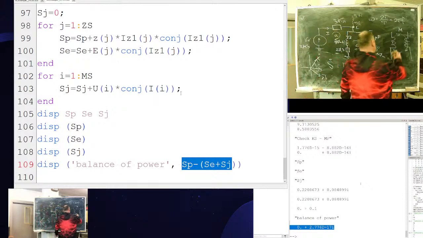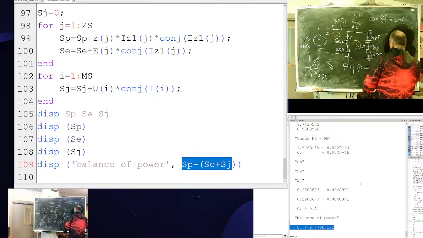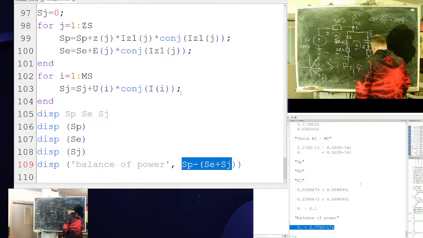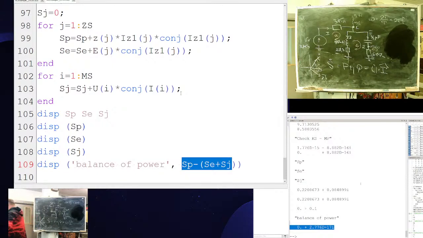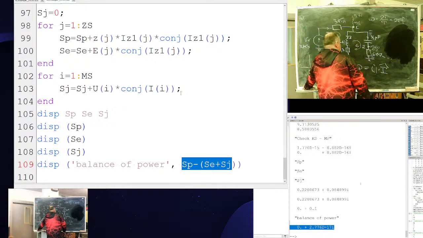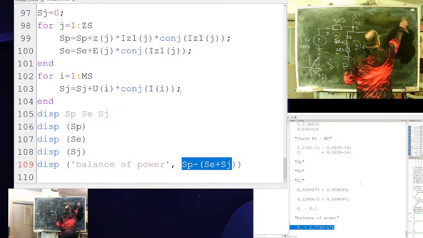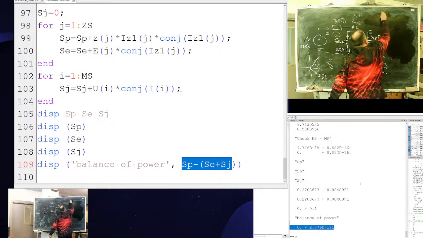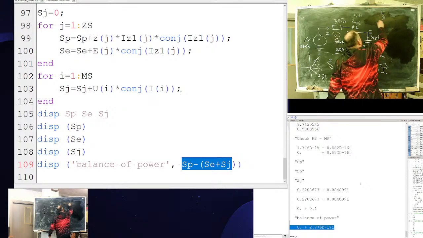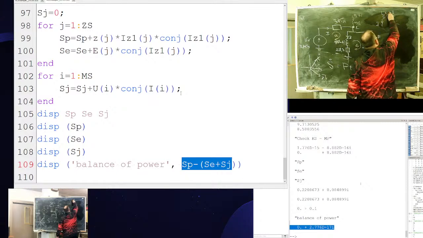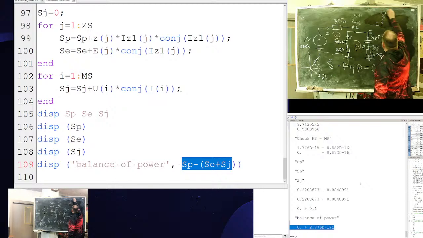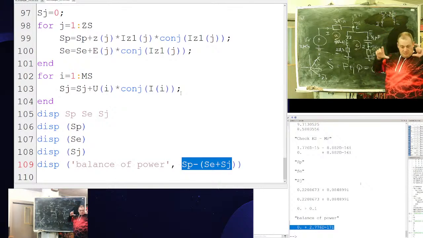For calculus, mutual inductance appears as a mutual resistance. If, for example, I have branch 1 and branch 2, and they are coupled with mutual inductance, they are windings of a transformer.